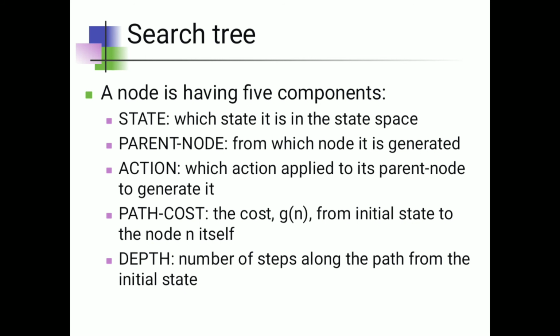Parent node: from which node it is generated, so the initial node is my parent node. Path cost, generally represented with g: the path cost g of n from the initial state to the node n itself. So from the initial location to the nth node, what will be my path cost? The addition of all the costs represents the path cost.